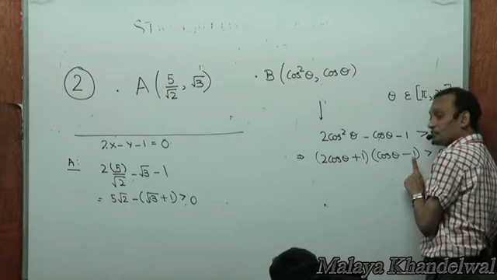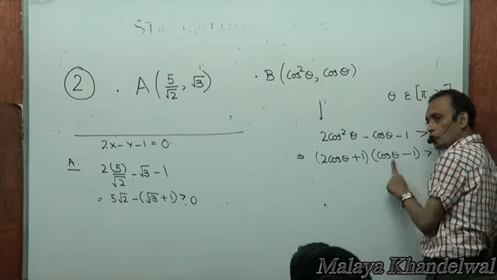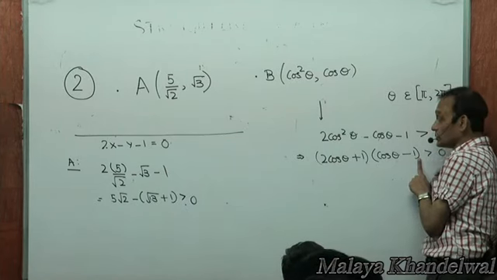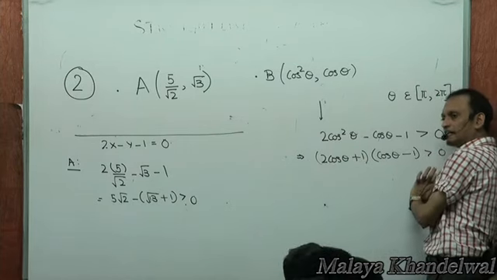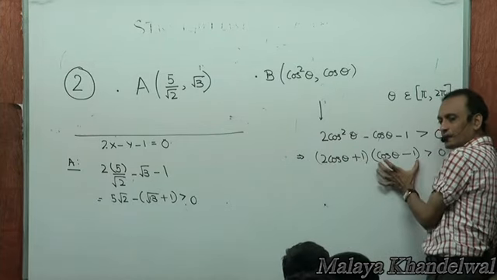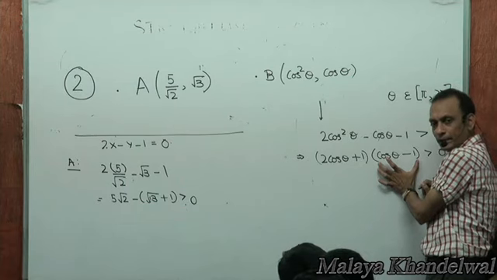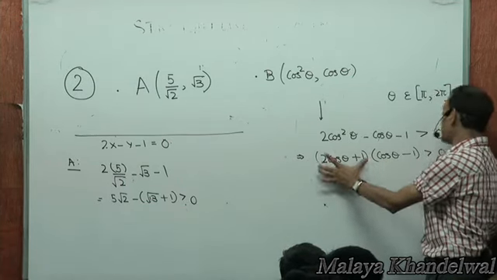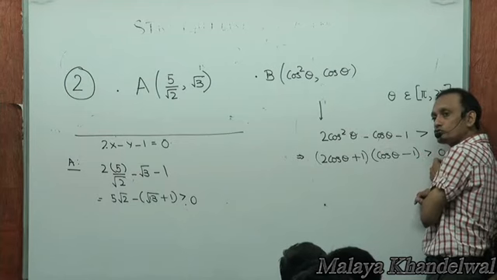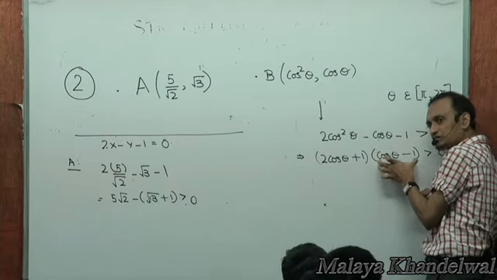Now, realize that cos theta is always less than or equal to 1. So cos theta minus 1 is less than 0. That means this also has to be less than 0 so that the product is greater than 0. Yes or no? Cos theta minus 1 is negative, right? So 2 cos theta plus 1 should also be negative so that the product is positive. I hope all of you understand why this is negative.